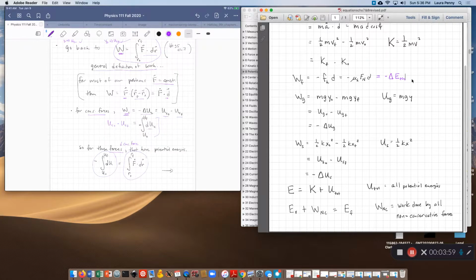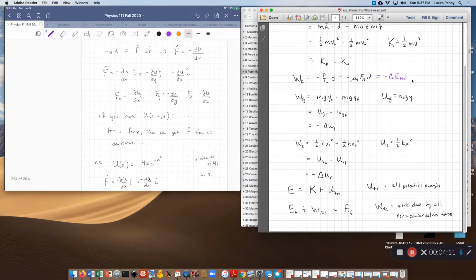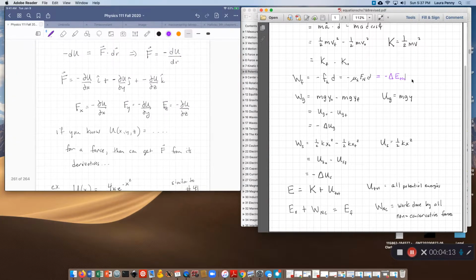It's equal to this, where U naught would be when R was equal to R naught, and Uf would be when R was equal to R final. Because of that, I can get rid of the integrals, and I just end up with delta U is equal to F dotted with dR.